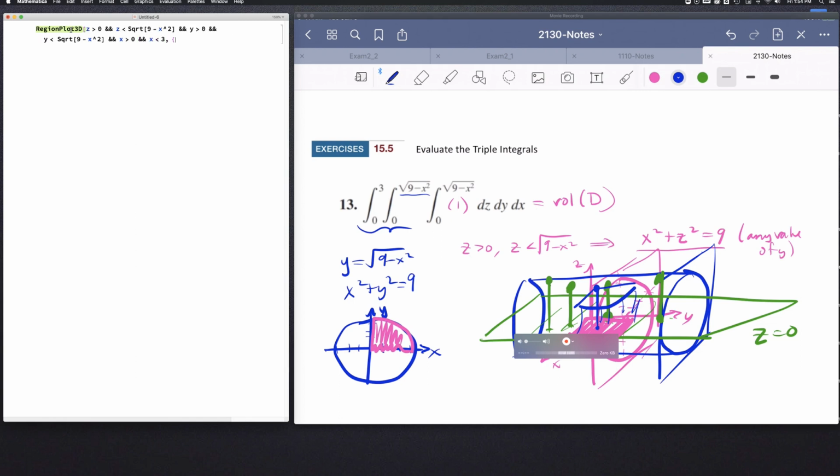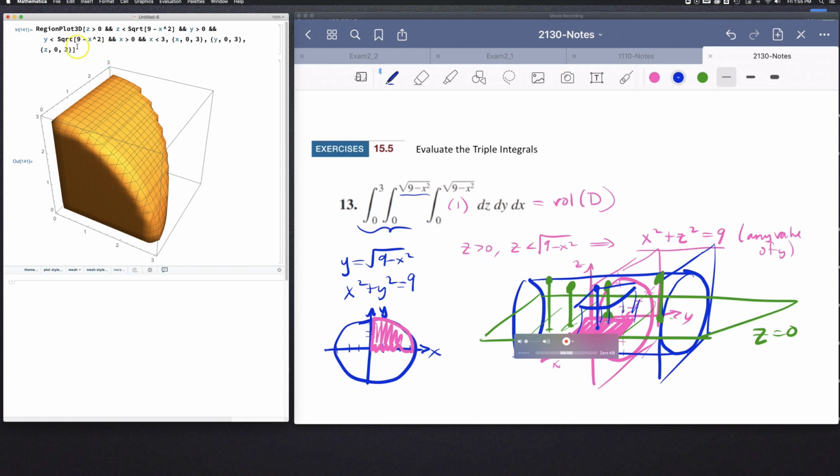Okay. And we want to integrate from x going from 0 up to 3. Let's just take a look at this thing over maybe y going from 0 up to 3. Let's look at a cube, and let's look at all the values in the cube that satisfy the inequalities given. And let's let z go from 0 up to 3.